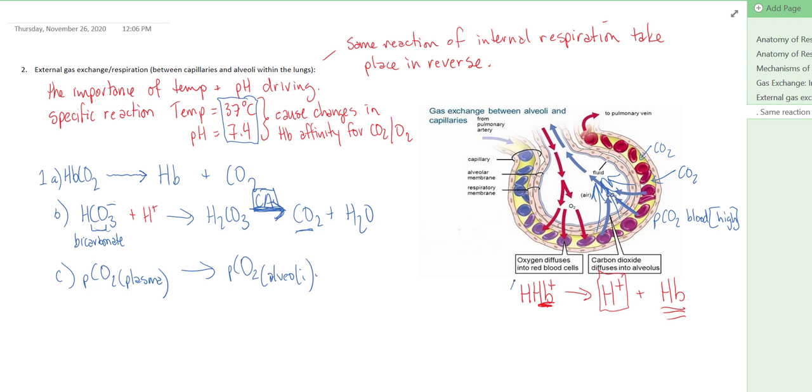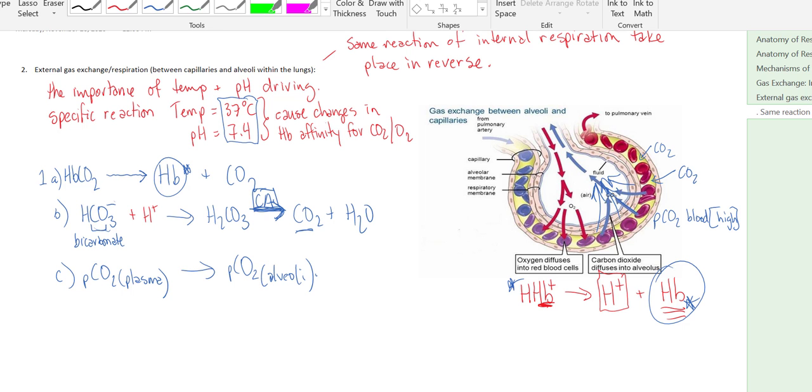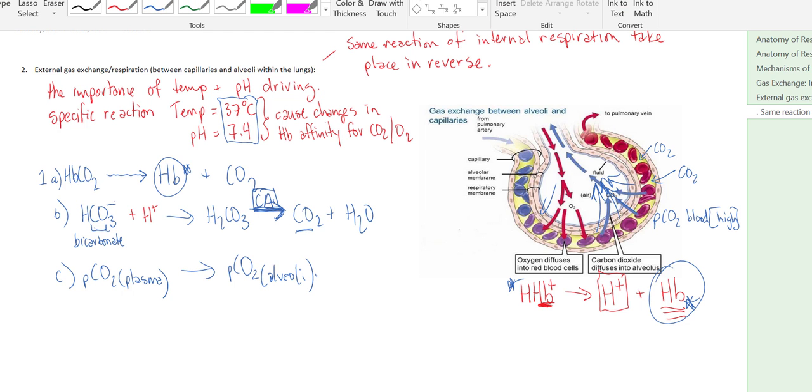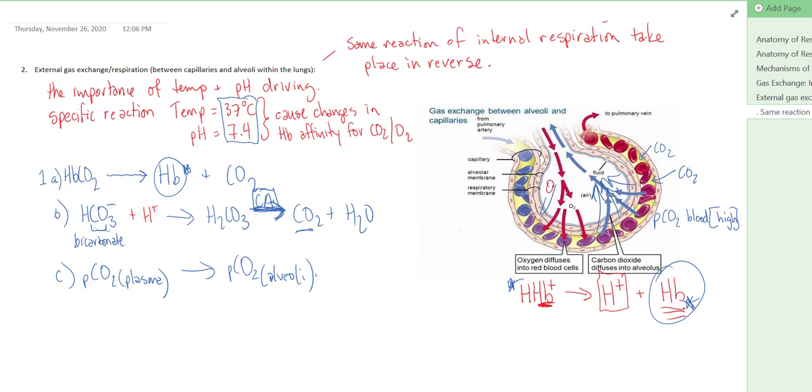And again, don't forget this important reaction of the reduced hemoglobin, which now when we look, we have the hemoglobin free, and over here we have the hemoglobin free. And so this free hemoglobin, as the capillary passes over the alveoli and oxygen is diffusing from high concentration in the alveoli, right?